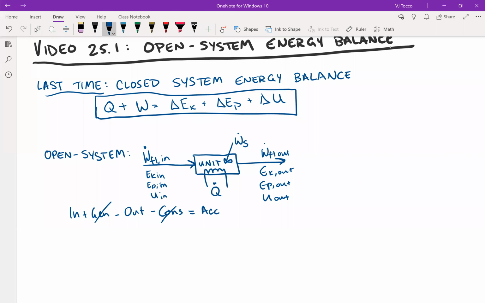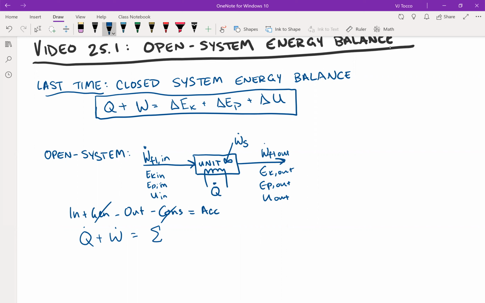So just like before, we're going to say that the input minus the output is going to be the amount of work or heat transferred to the system. So Q plus W, and that is equal to the accumulation, or you can think of that as the final minus initial, or here it'll be out minus in.